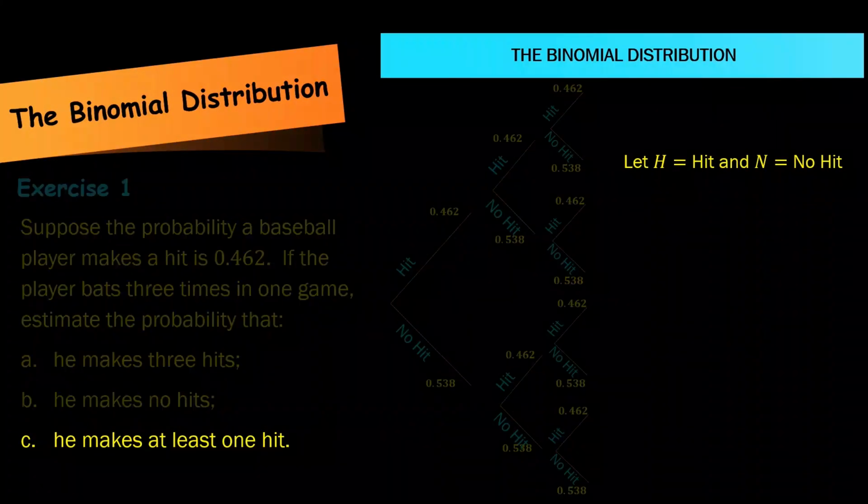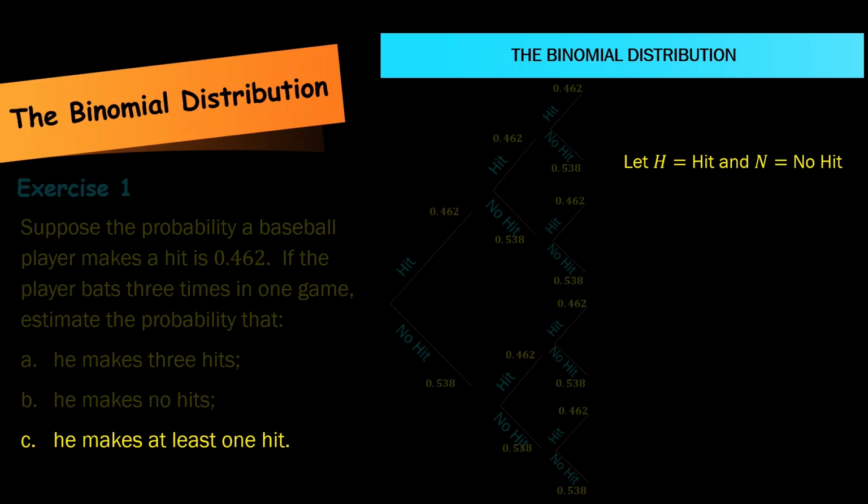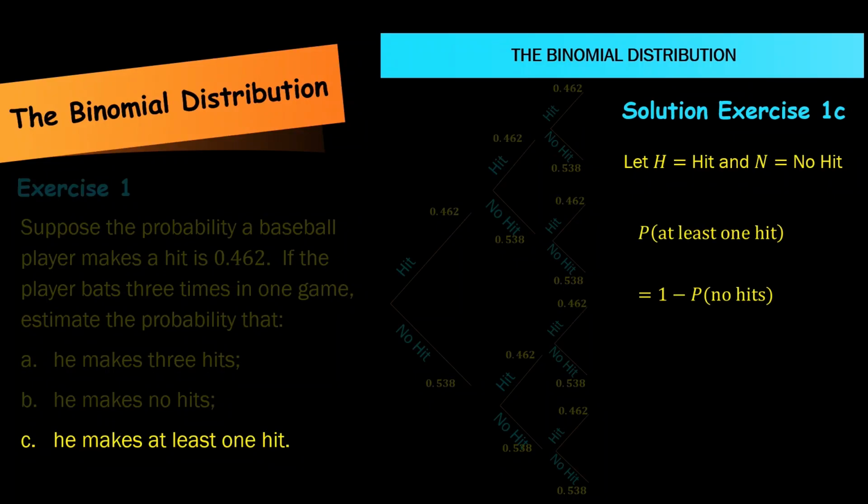And now for part C. We're required to find the probability that the player makes at least 1 hit. So let's solve this. The probability of at least 1 hit equals 1 minus the probability of no hits.